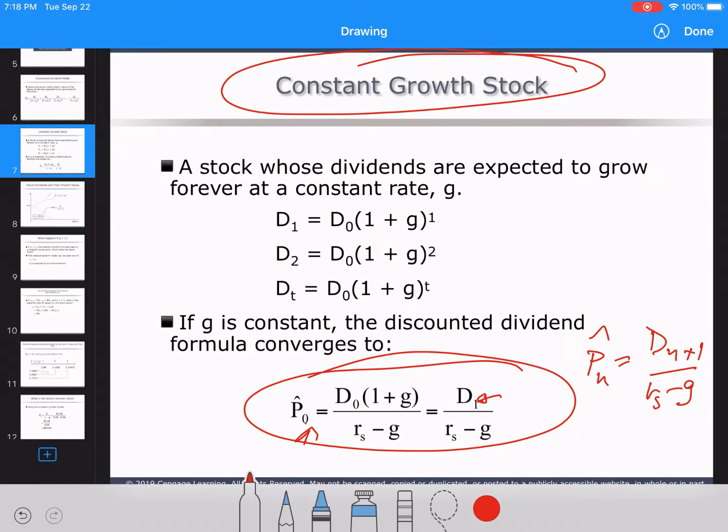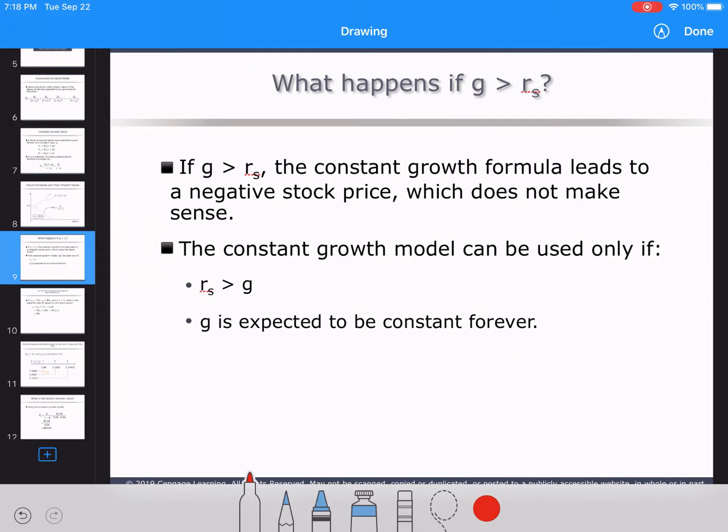Now we can go to this. The requirement is that, remember, in the denominator it says r sub s minus g, so it is D n plus 1 over (r sub s minus g), and in order for this to be greater than 0, r sub s must be greater than g.